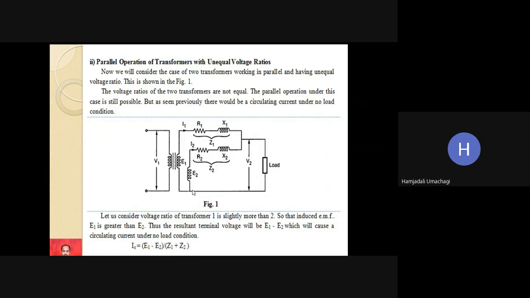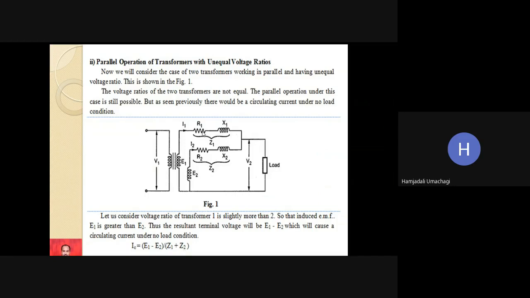What is the circulating current value that we can see here? Circulating current IC is given by the difference of the two induced EMFs, E1 minus E2, divided by the sum of the two transformer impedances, Z1 plus Z2.